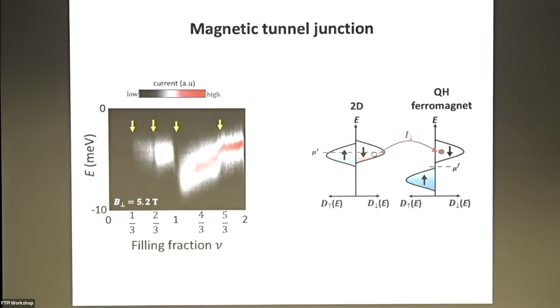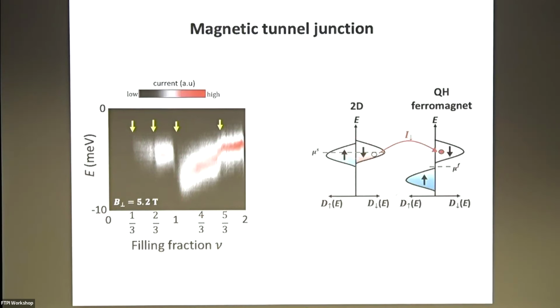And what you see happens is when you get to filling factor 1 in this well, you see a dark line in the spectrum, and you also see that at 2/3 and at 1/3. So what's happening is that when you're at filling factor 1 in this system, there's no room for spin up electrons in the system that you're tunneling to, and therefore there's no tunneling current at all.